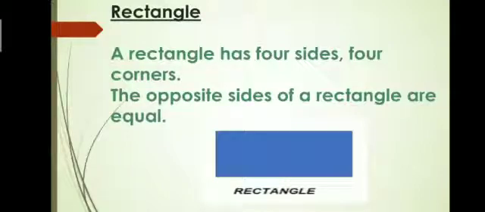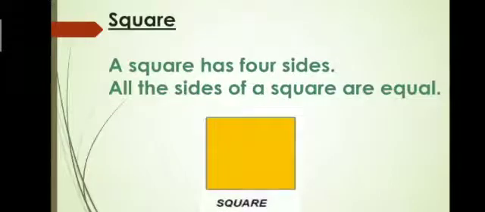Rectangle. Students, this is a rectangle. A rectangle has 4 sides, 4 corners, and the opposite sides of a rectangle are equal. Students, this is a square. A square has 4 sides and all the sides of a square are equal.